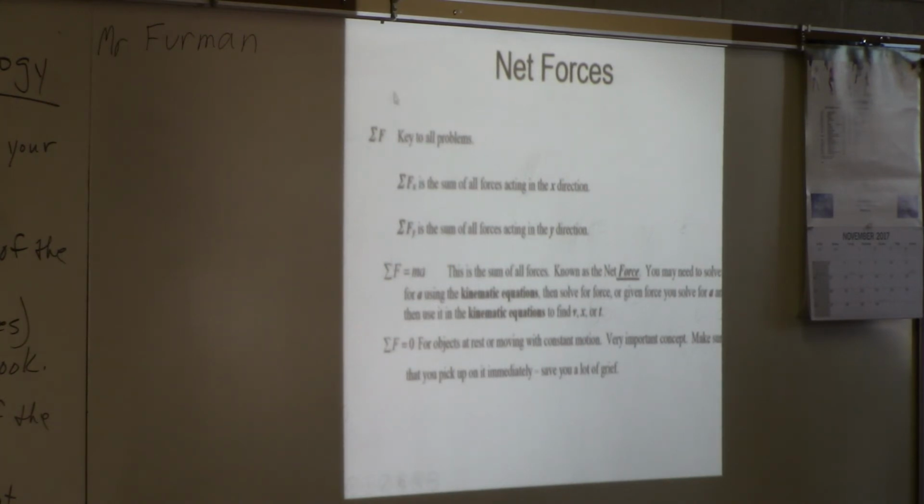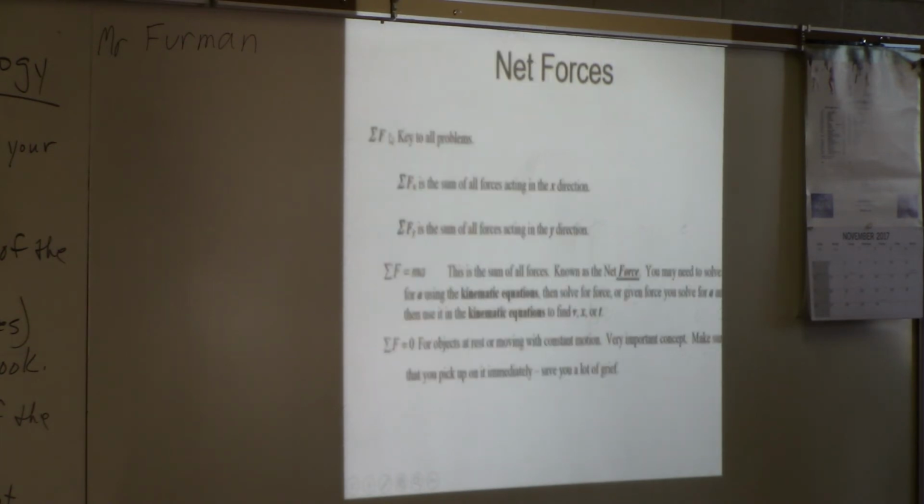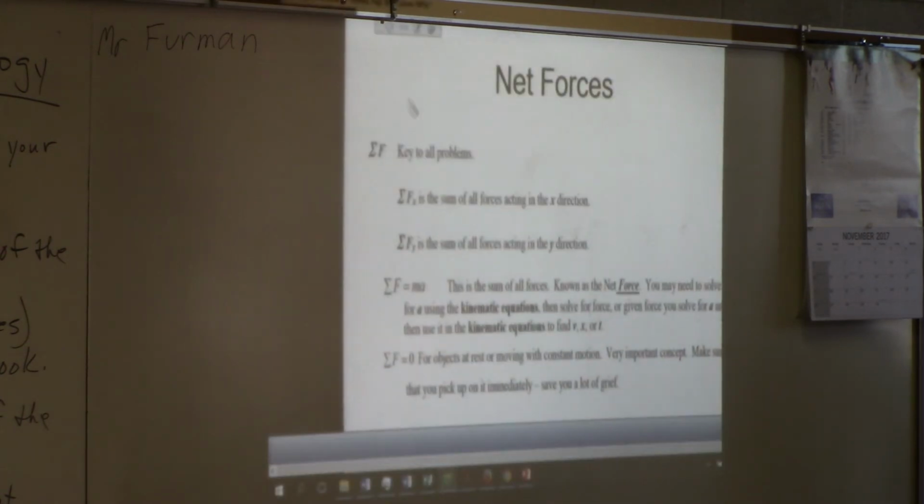So you'll see this sigma character. Sigma F just means the sum of the forces, and you can sum the forces in the x direction and the y direction. You can treat those two problems separately. It might be accelerating just in the x direction, it might be accelerating just in the y direction, or possibly accelerating in both.